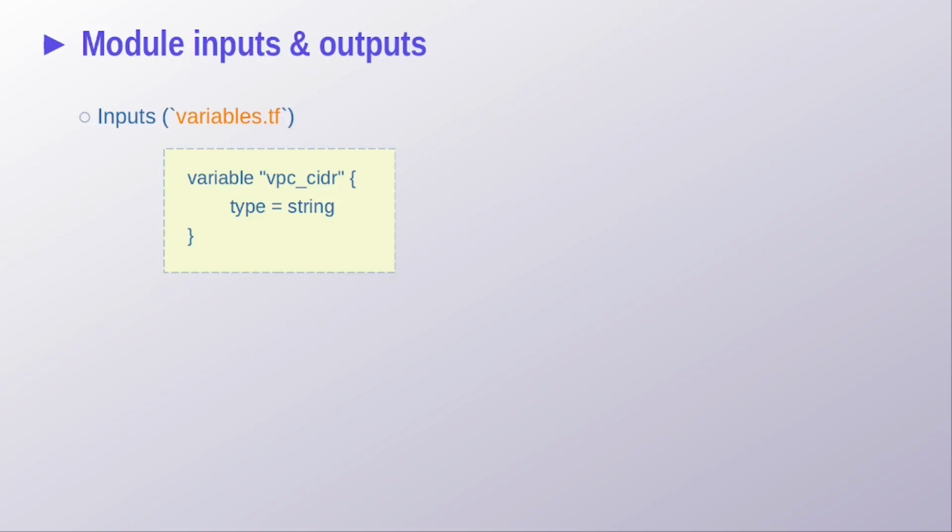Why is this important? Because it makes your module flexible, reusable, and free of hardcoded values. You can use the same module for dev, staging, production, just with different inputs.